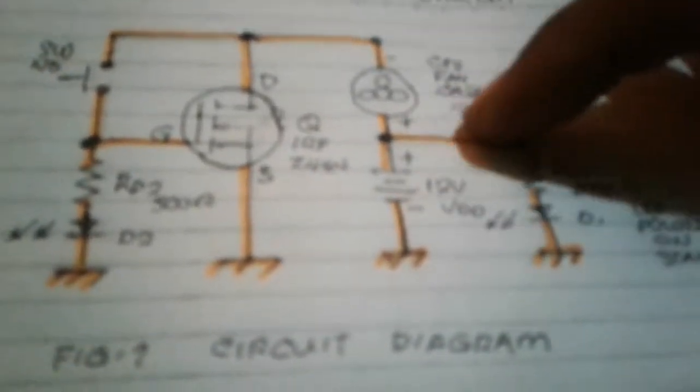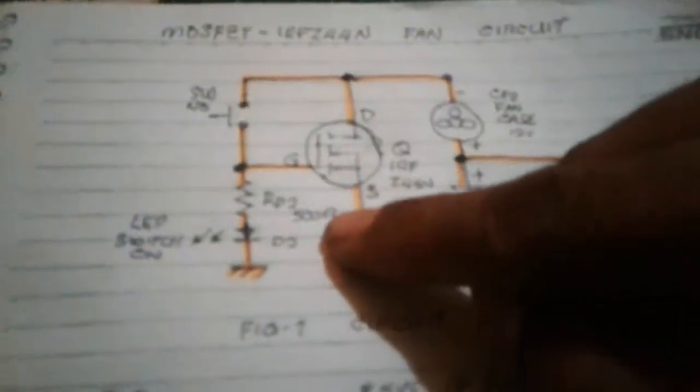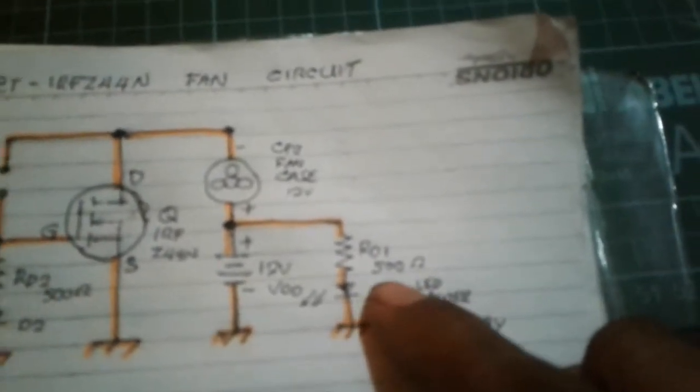So we're just using KVL here, voltage of the drain minus voltage drop across the resistor, the diode equals 0, KVL. We get 10 volts, using Ohm's law, 500 ohms. The same computation around here. So we get this value 500 ohms and also 500 ohms in this LED.